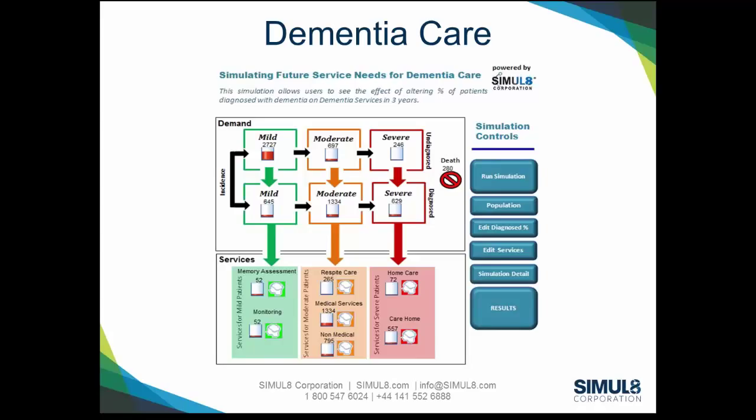So depending on when your first point of contact is in the system with suspected dementia, you won't get your memory assessment services until that point. So that depends on whether people are diagnosed, and at what level of dementia. So you can see how that progresses. That's a model that explains how we're looking both at flow, but also at the services that people might need linked to their health need as well as their use of service.